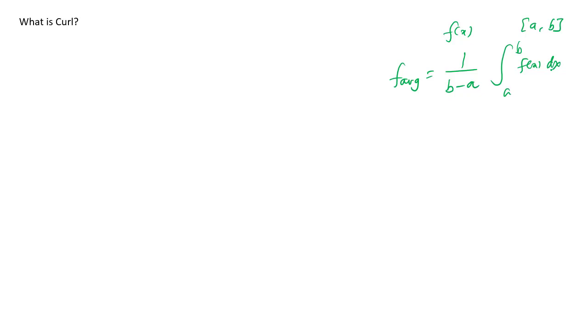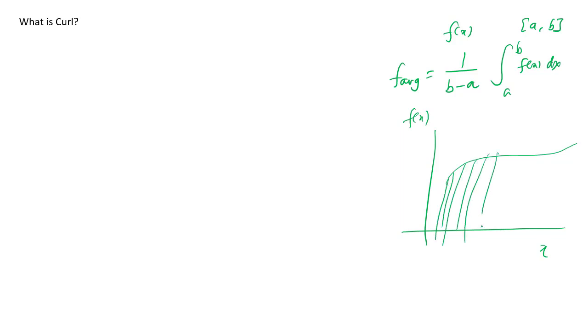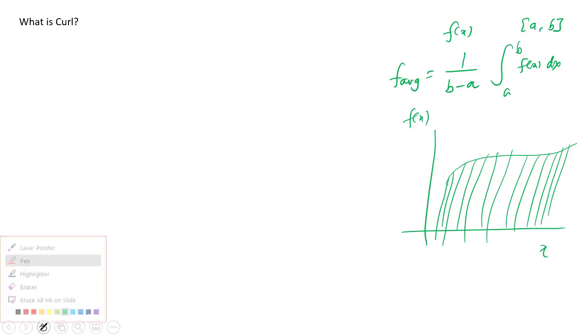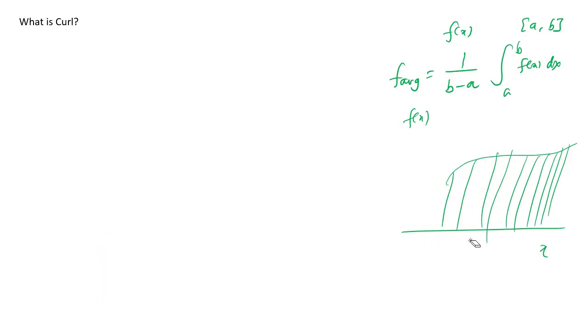And this is very easy to prove. For example, let's say this is f of x and this is x, and the function is somewhere like that. When we say integrate, we are basically dividing this curve into tiny fragments, and each of these fragments is delta x.